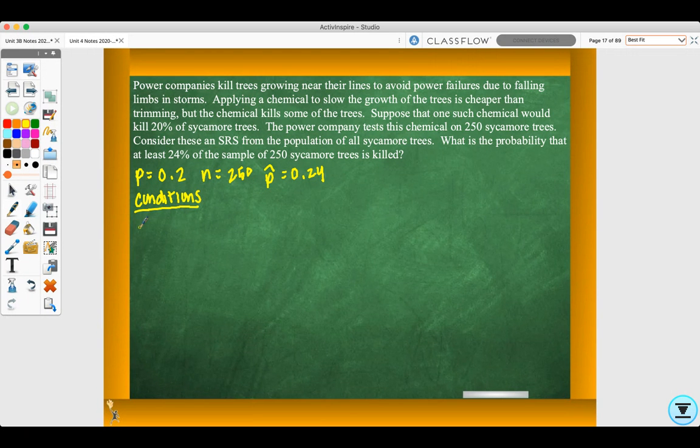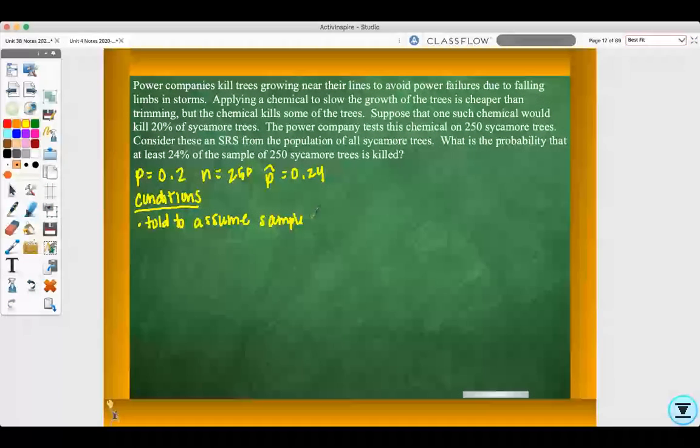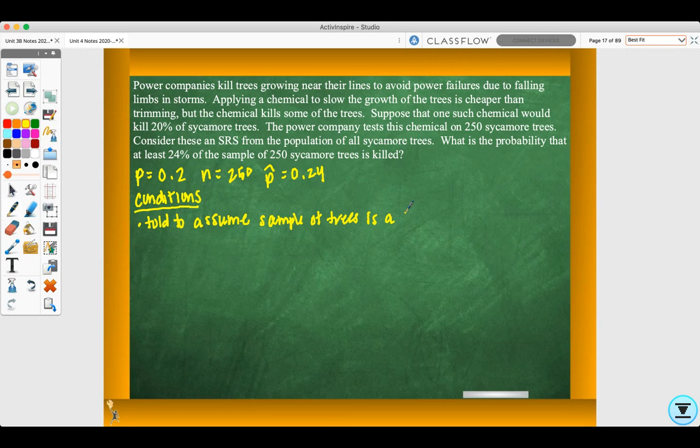One, you're told to assume the sample of trees collected is a simple random sample. Notice it's within context. 250 sycamore trees is less than or equal to 10% of all sycamore trees.